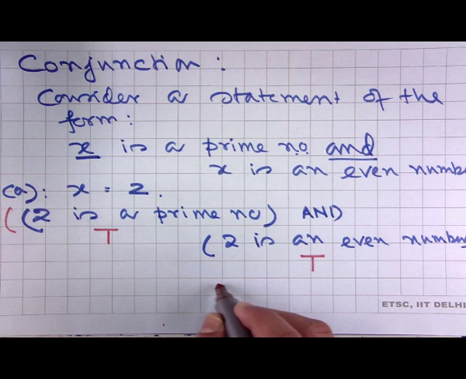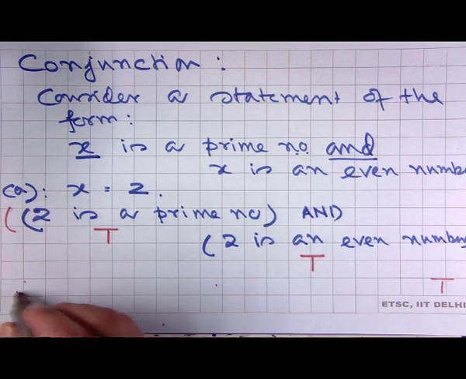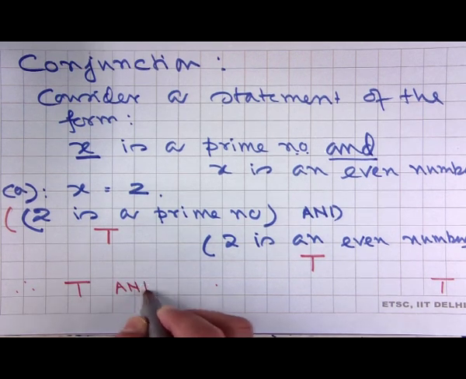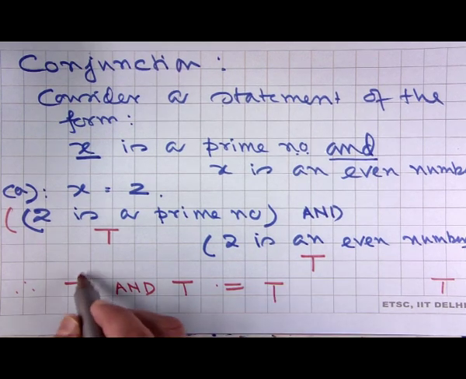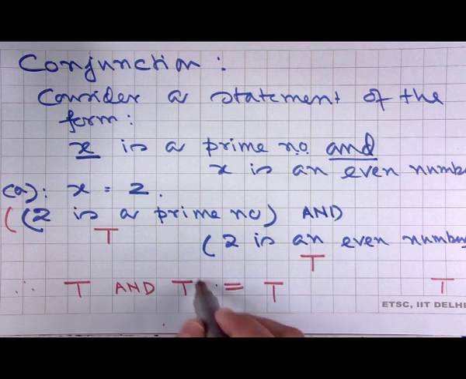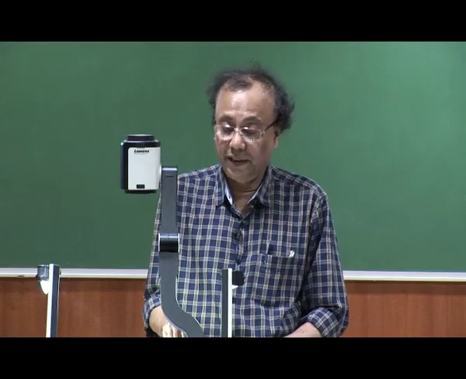Therefore, its truth value is also T. So we get a case where T and T is equal to T. That means a component statement whose truth value is T and another component statement whose truth value is T, if I AND them, then I get the truth value of the compound statement, which is T.